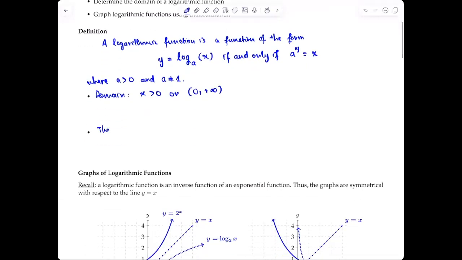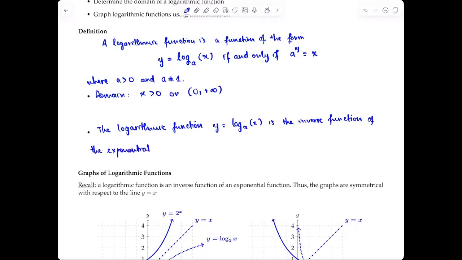Again, I want to mention that the logarithmic function y equal to log base a of x is the inverse function of the exponential function.